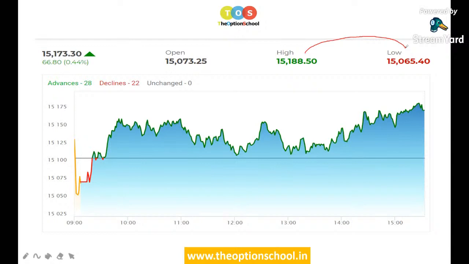Now most of the time we are seeing expiry days are much less volatile compared to normal days. On normal days, the high to low movement is definitely touching 200 or sometimes more than 200 also. But on expiry days it is very subdued. Any high to low movement within 100 points, we can say markets are pretty dull.